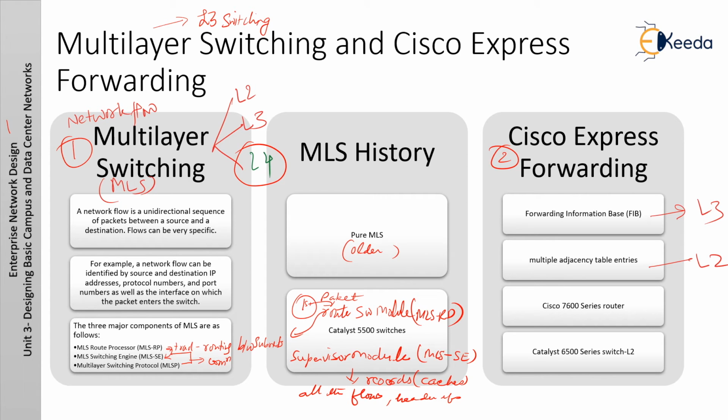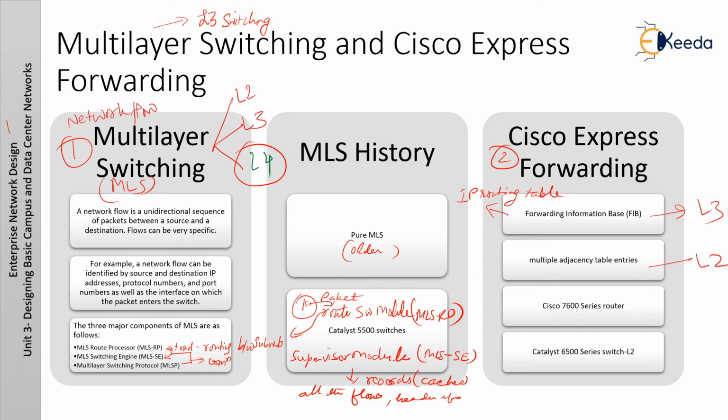The adjacency table contains layer 2 frame header information, while the FIB contains, because it is layer 3, the IP routing table information.